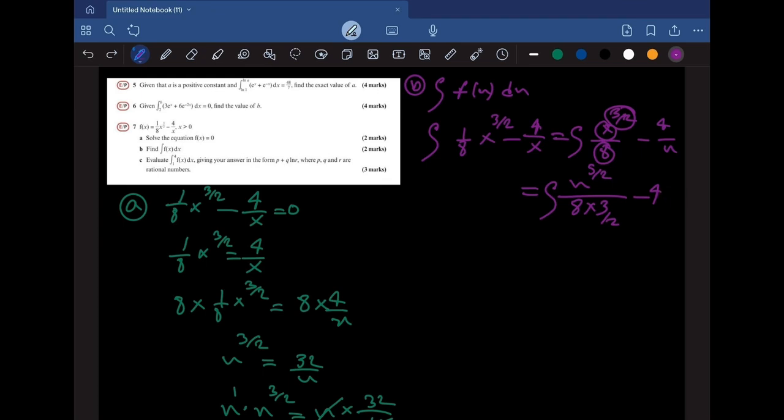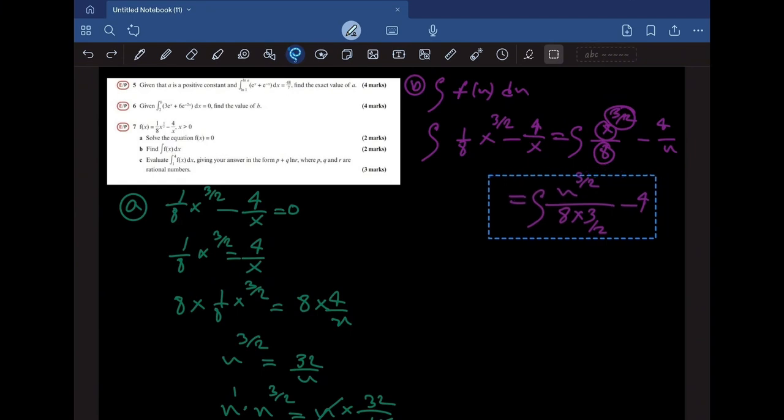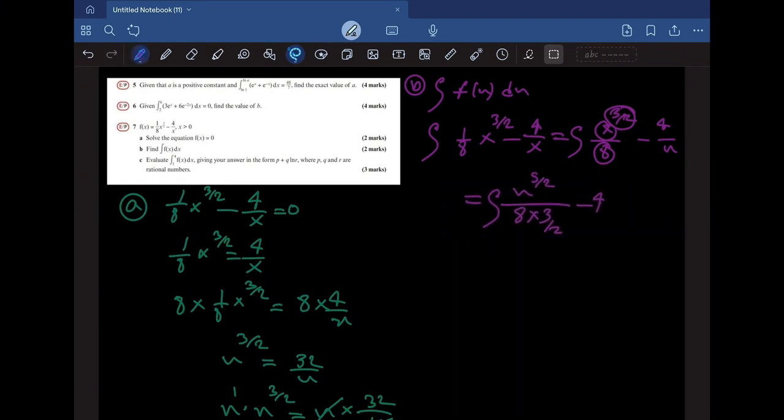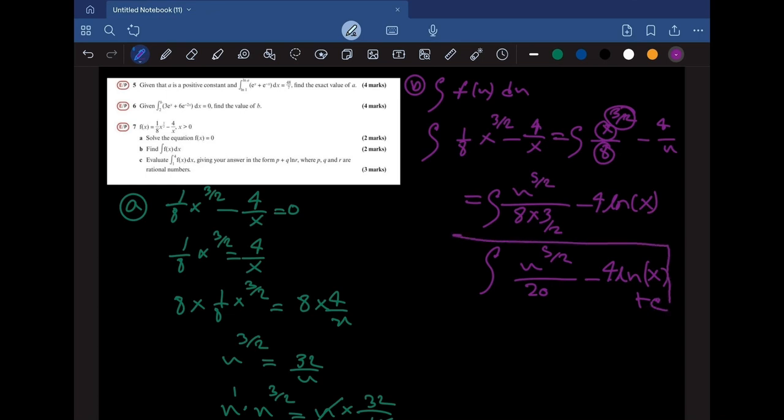It requires a little bit of space. So it becomes minus 4 ln x, not plus c. So it becomes x^(5/2) divided by 20 minus 4 ln x plus c. So basically this is our answer to part B.